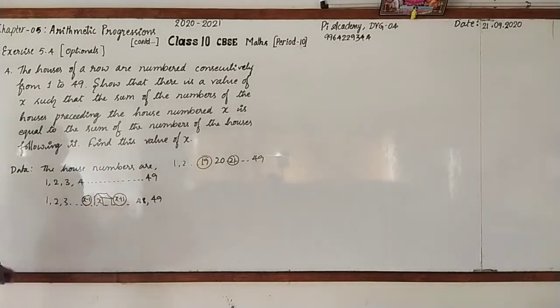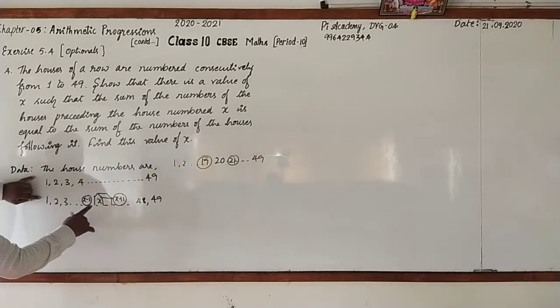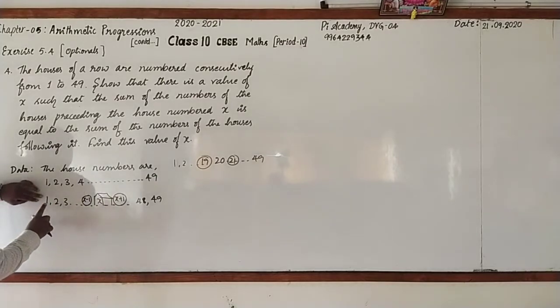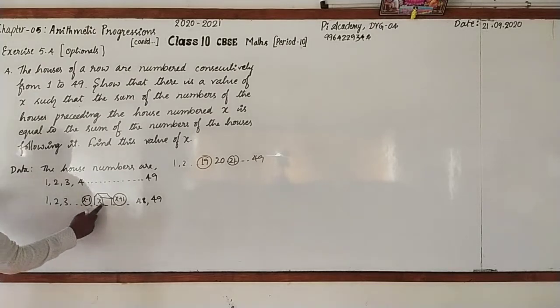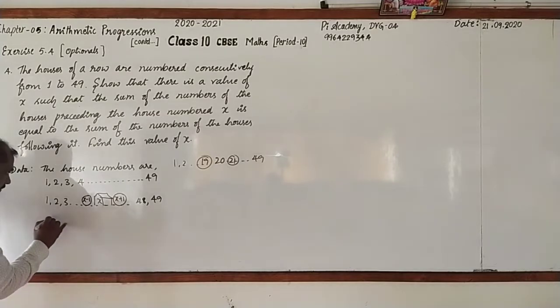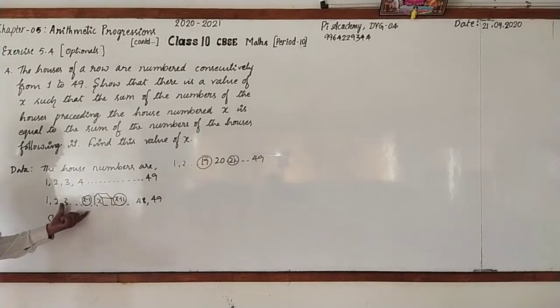It has been given that here the sum of the house numbers from 1 to the number we get previous to x, that can be written as x minus 1. Got it?